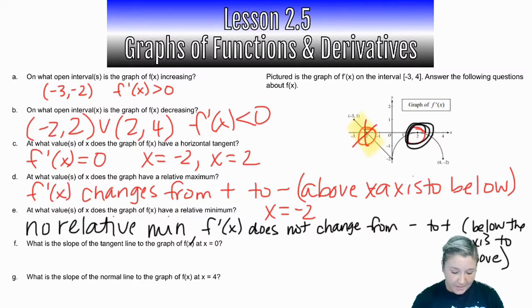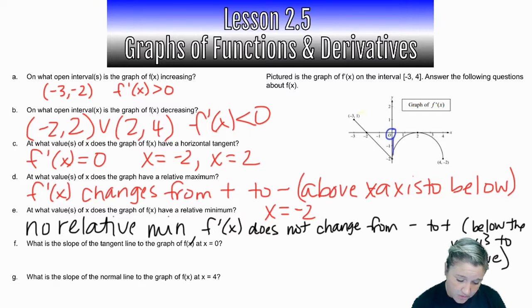All right. And then what is the slope of the tangent line to the graph of f of x at x equals 0? So I'm going to just basically evaluate this. This is what's really nice about this graph here, that when x is equal to 0, I can look at what the slope of that tangent line is. It's right there at -2.